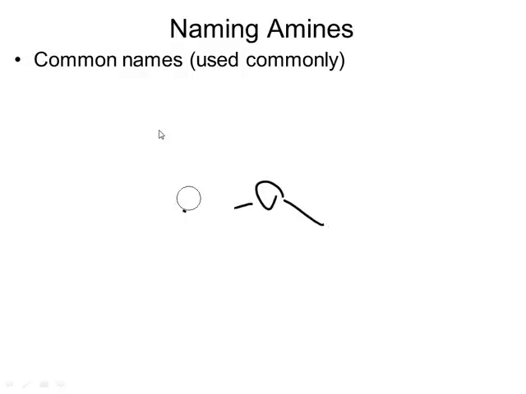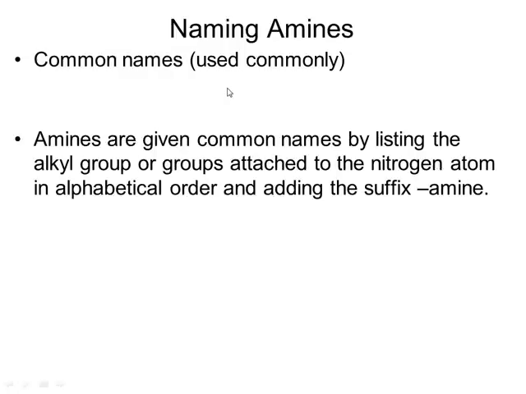Well, in the same way, we're treating every R group as a substituent on the nitrogen. The major difference from the way we named ethers in the common names is that it's all one word. So it's going to be alphabetical order, but it'll all be one word.